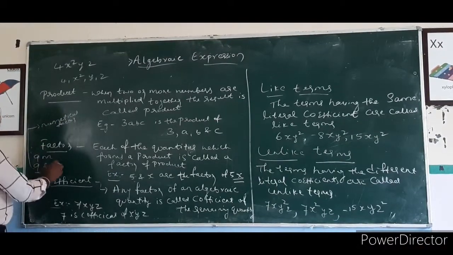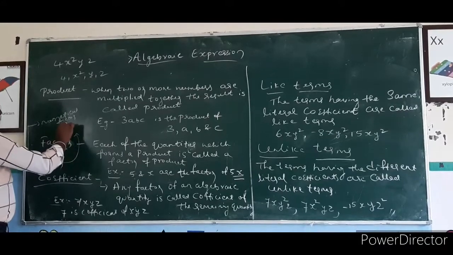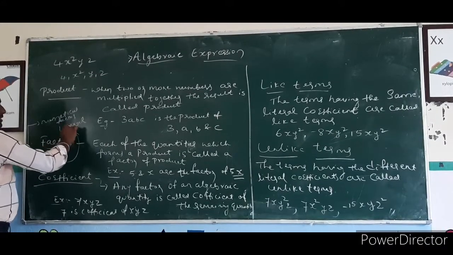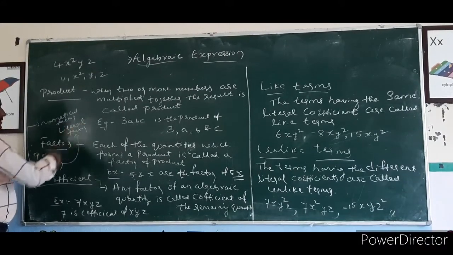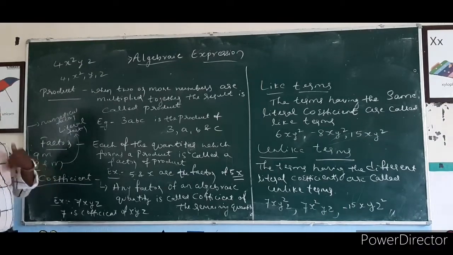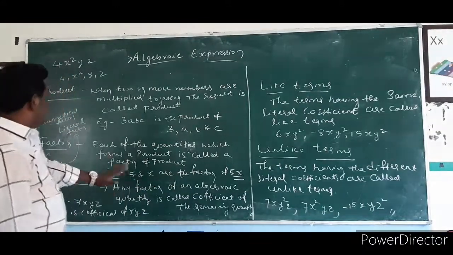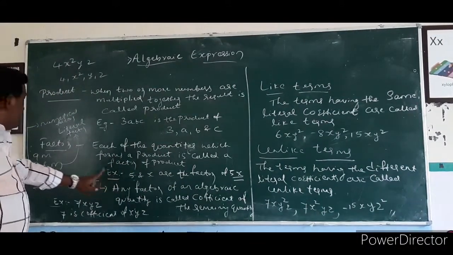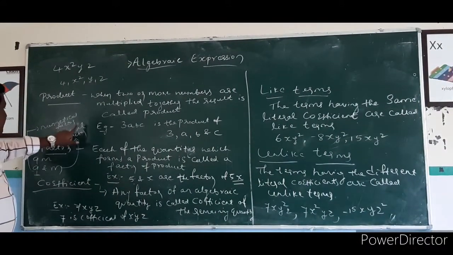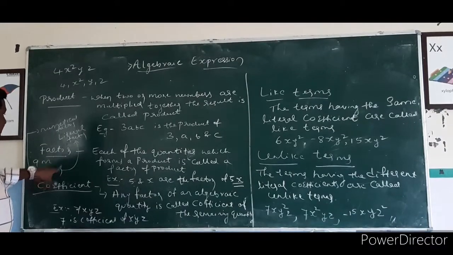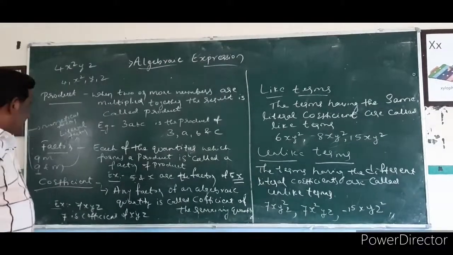And m is called the literal factor. So a variable is a literal factor, and a number is a numerical factor. That's very important: number is numerical factor, whereas letter is literal factor.